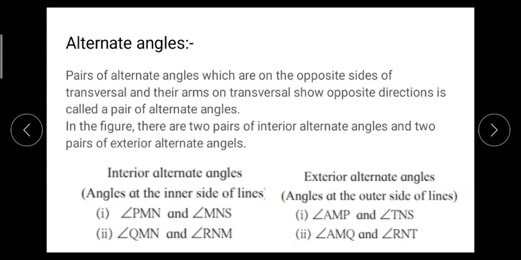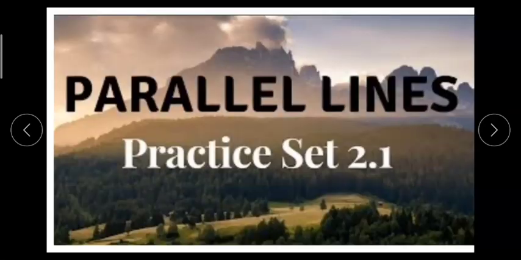Okay. Then after that, we will solve practice set 2.1, which is very easy. If you have understood the angles made by a transversal, then you will be able to solve this practice set 2.1. So let's start practice set 2.1.